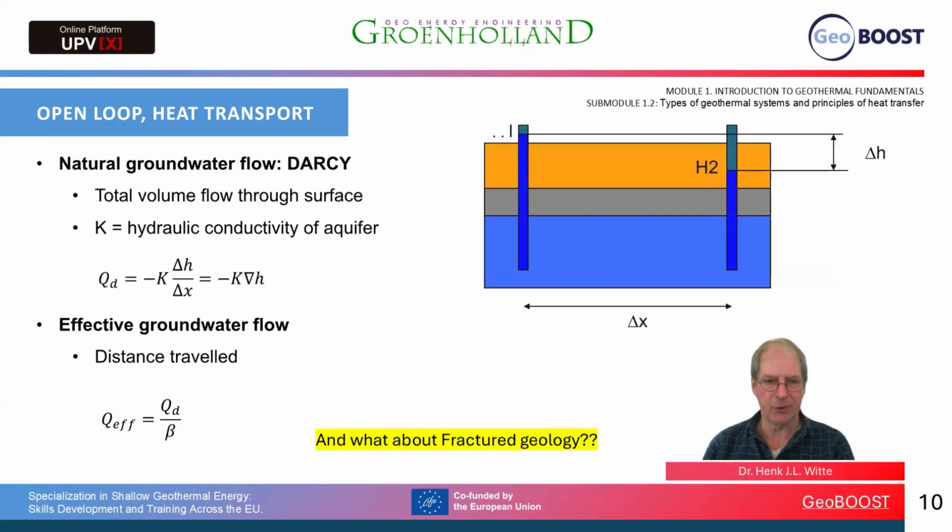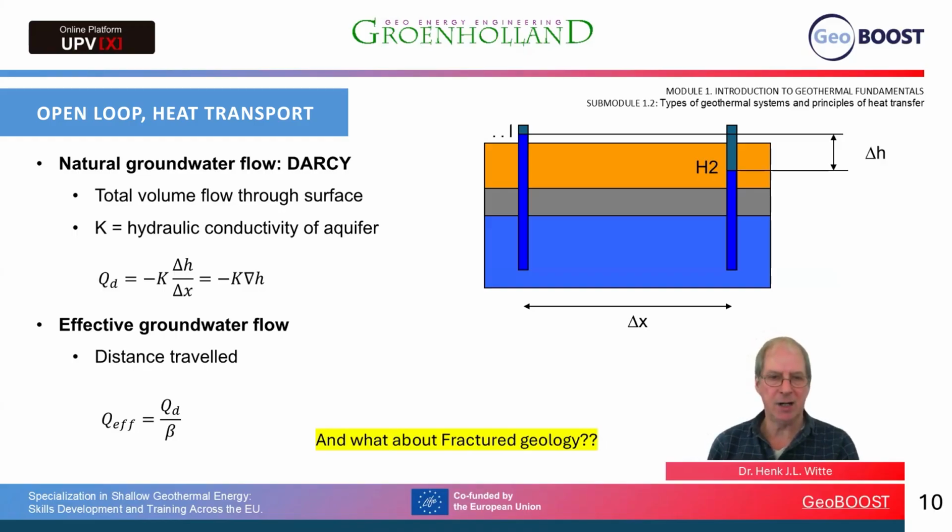We have an aquifer at depth with a separating clay layer on top and a second aquifer on the top. The wells are installed in the second deep aquifer, which in this case has an artesian water table at H1.